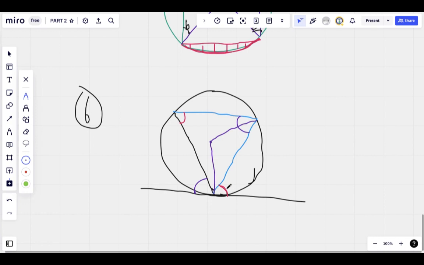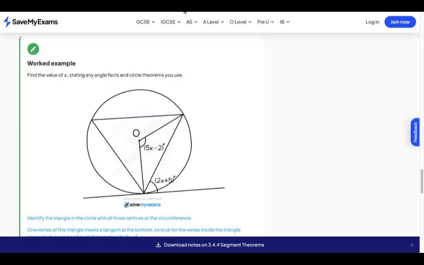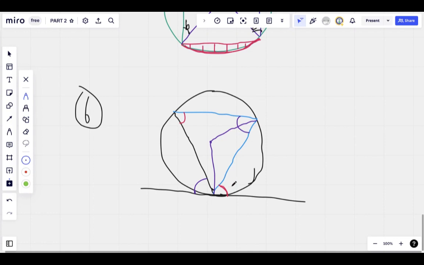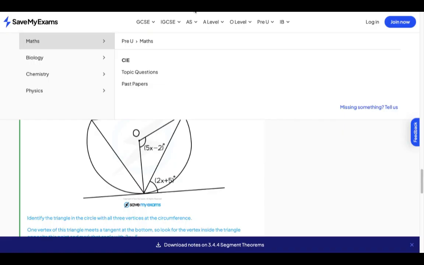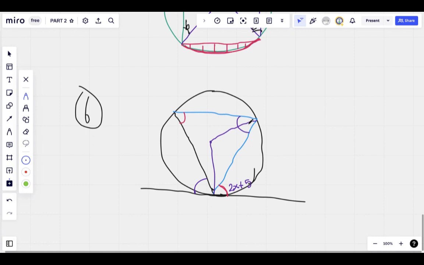Let's see what they've given us. 2x plus 5 here, so here we have 2x plus 5. And here we have 5x minus 2, the angle at the center.